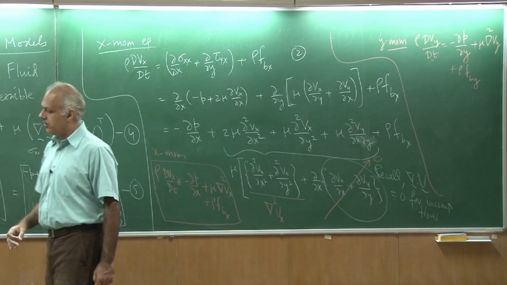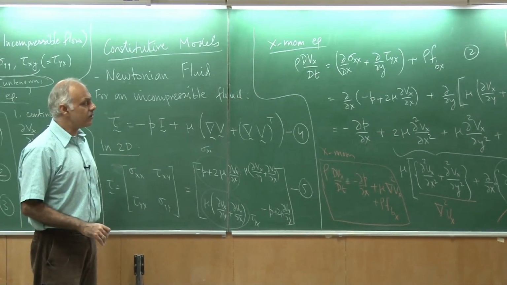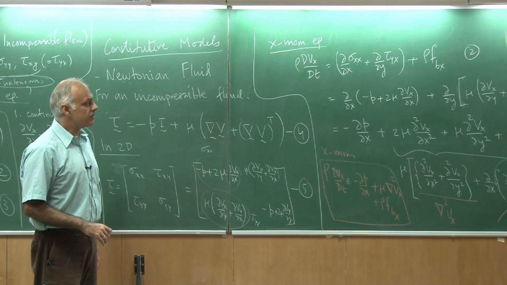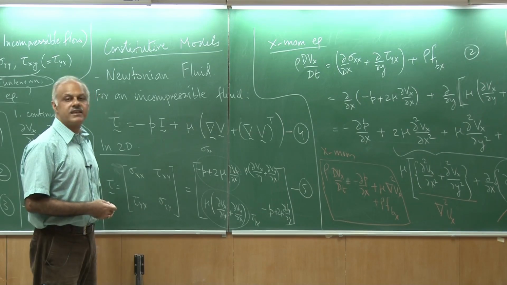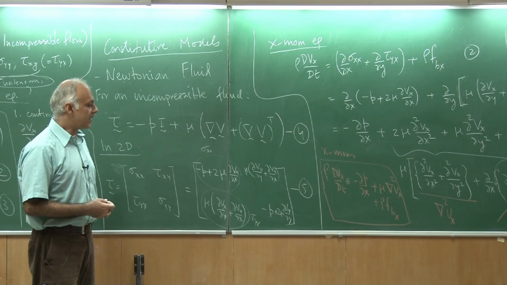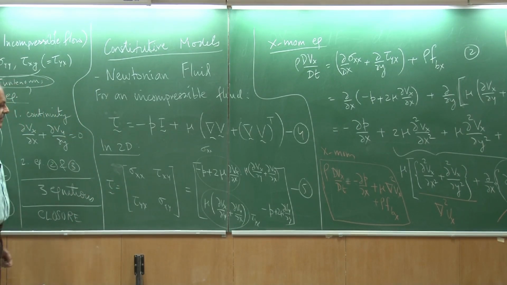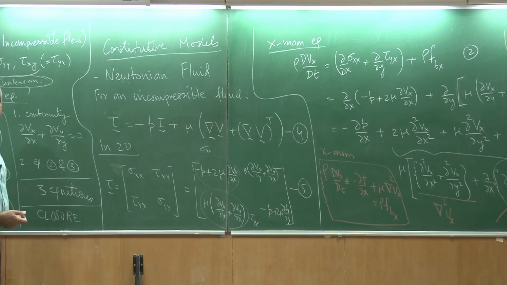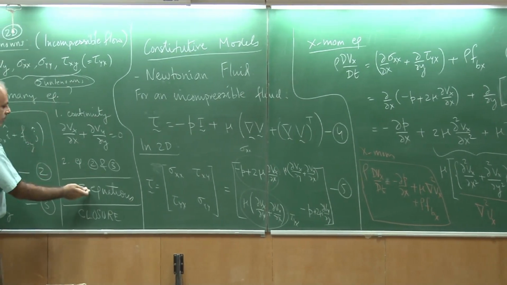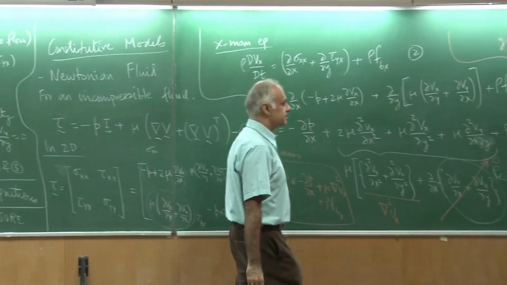Okay. So we have been able to write the x and y momentum equations now in terms of velocities, and we have introduced a quantity called pressure as opposed to what we were using earlier, the shear stress and the normal stress. So let's go back and do the count. Do we have the number of unknowns and number of equations to be the same, and do we now have a closure problem?